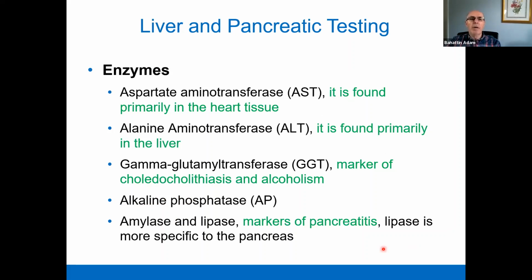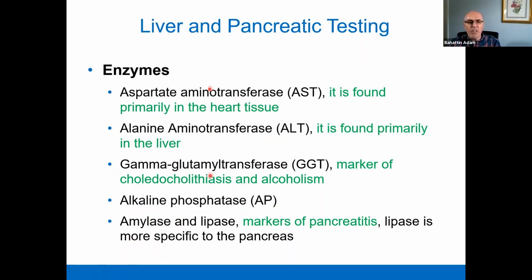Okay, the testing of the liver and pancreatic function are enzymes: AST, aspartate aminotransferase, ALT, alanine aminotransferase, GGT, alkaline phosphatase, and amylase. Okay, these enzymes are essential for the function of the liver and the function of the pancreas.